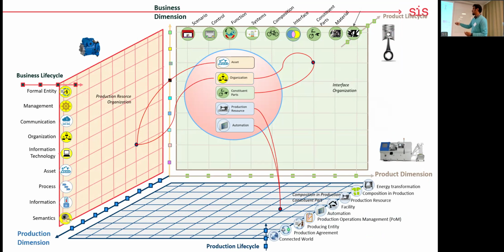Since we are looking at a pump as our asset in this case, we use asset as a business dimension. We are responsible for it, and also the organization structure, because humans are also involved. The production machine, production resource, and its automation, how efficiently it can produce the constituent parts.